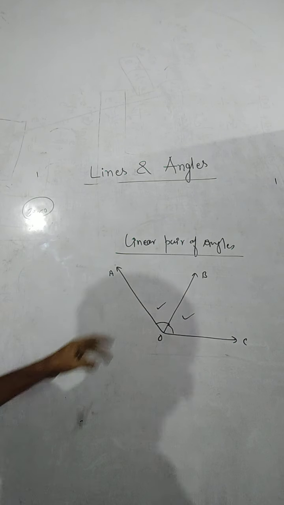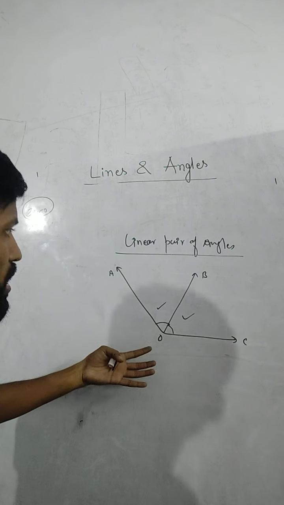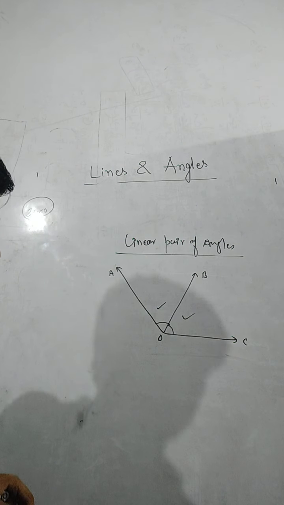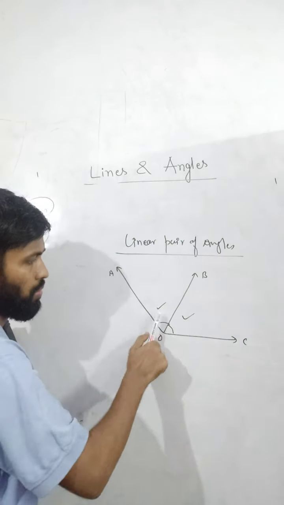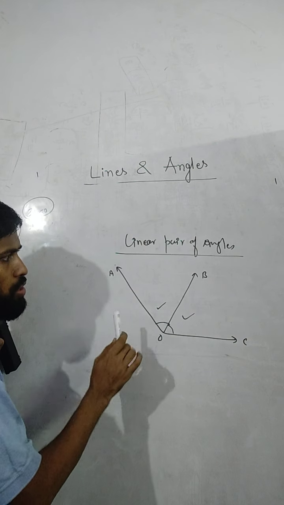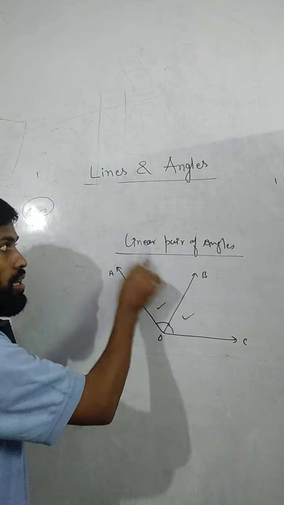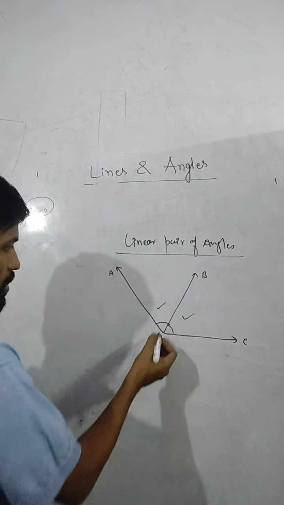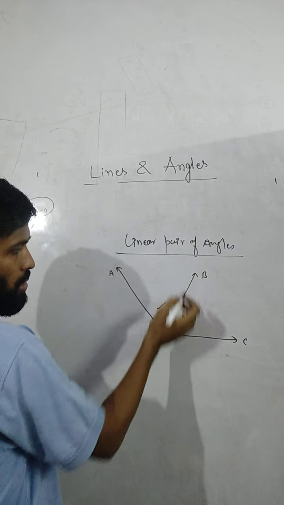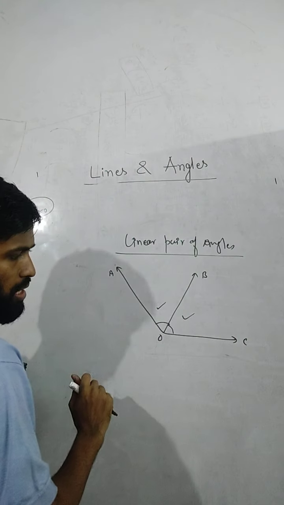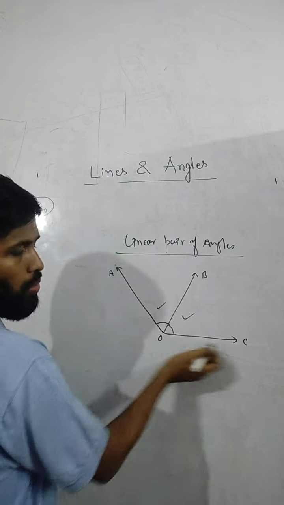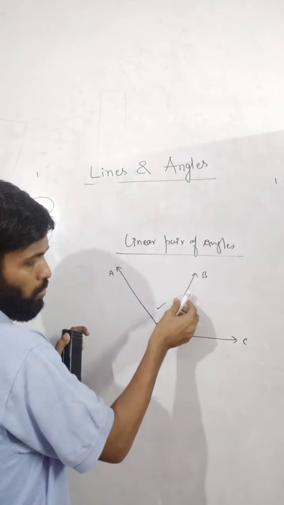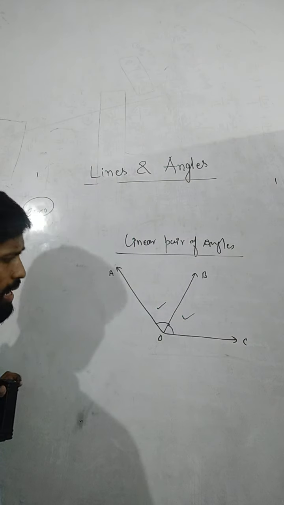Now, what is the condition that will make two adjacent angles known as linear pair of angles? Listen, this is very simple. We know that OB is the common arm in angle AOB and angle BOC, and the non-common arms are OA and OC, which are lying on the other side of the common arm OB. So these two are adjacent.